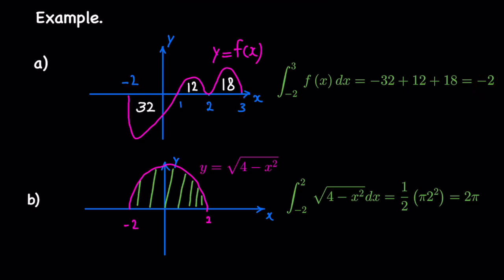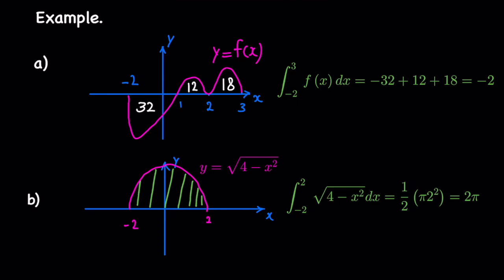Let's give the next example. Here we want to compute the definite integral from -2 to 2 of the square root of 4 minus x squared. The square root of 4 minus x squared is actually the graph of a half circle between -2 and 2. So it's the graph of a circle of radius 2 above the x-axis.